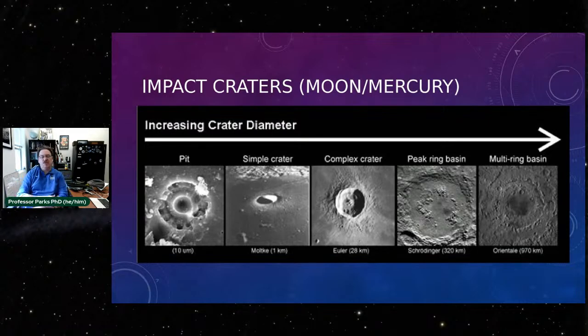And then a multi-ring basin, here you have Oriental, a crater in Mare Orientale, and that is roughly 1,000, or 970 kilometers. Now we're getting to hundreds of kilometers or even low thousands of kilometers.